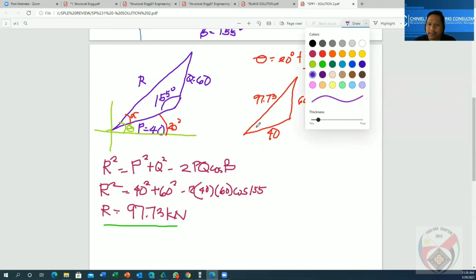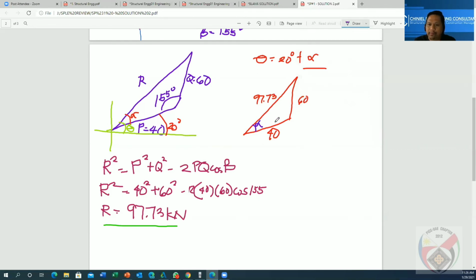Okay, so this angle is alpha. This is 155. And this angle is not yet known. So we have only these given values.